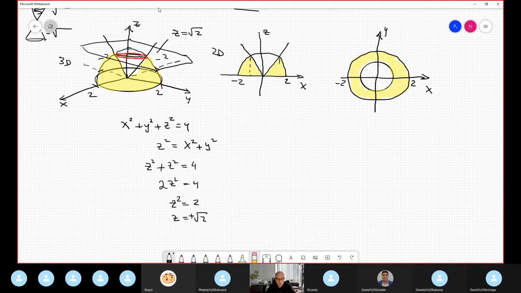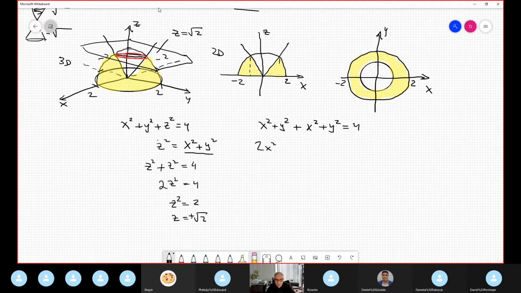Entonces I suppose, bueno, if I'm doing it a little bit different, suppose, instead of replacing x squared plus y squared with z squared, I replace z squared with x squared plus y squared, because I want to see the projection in the xy plane.